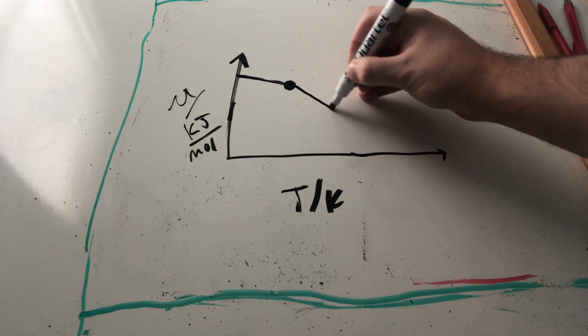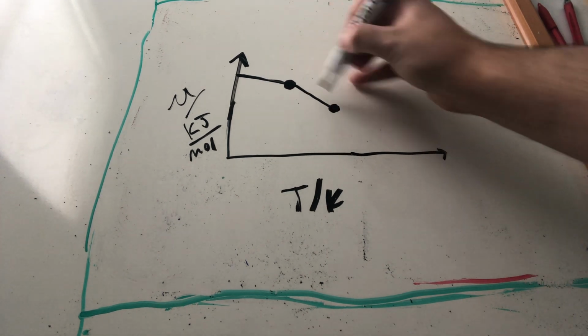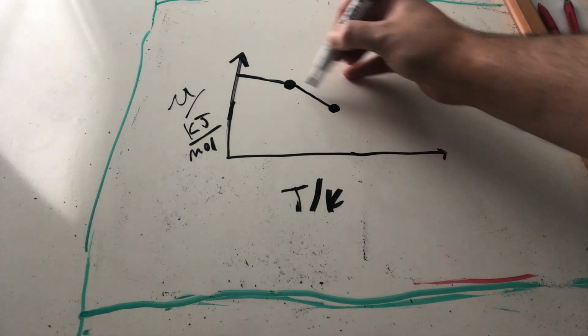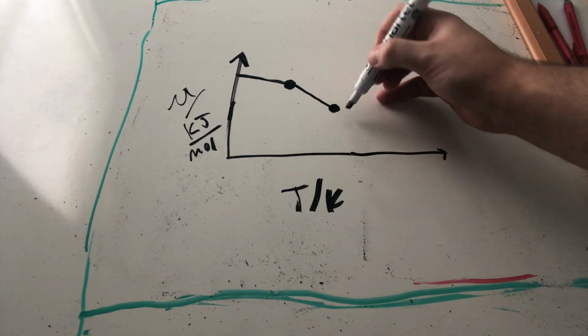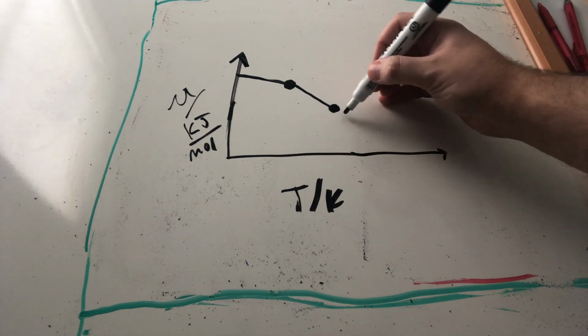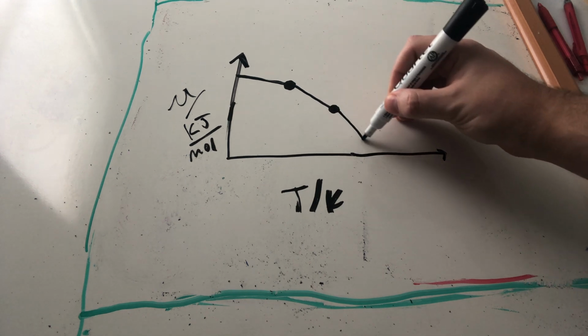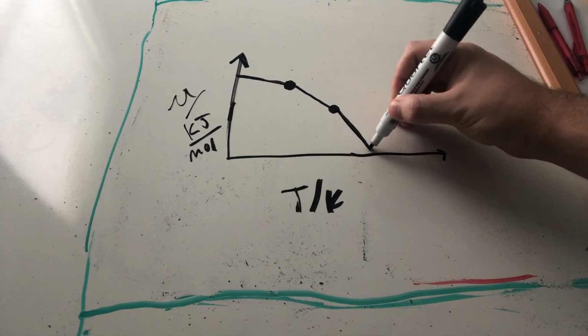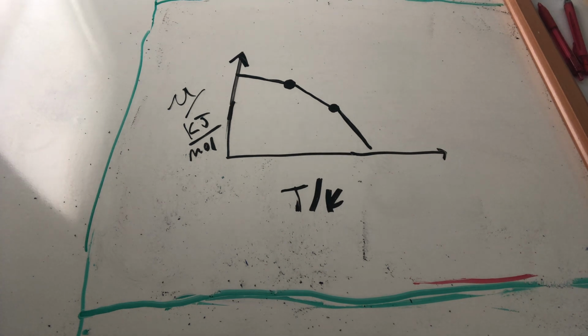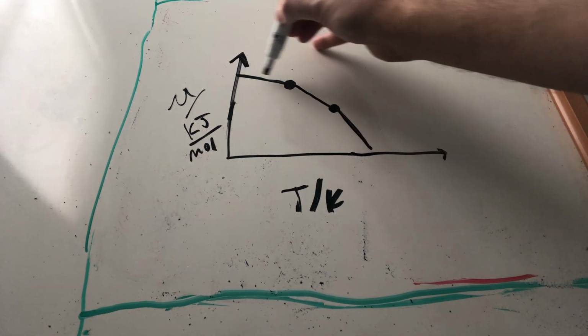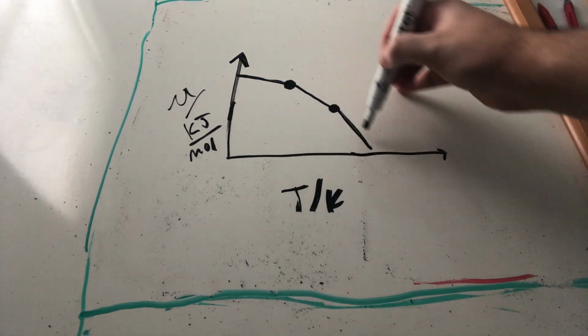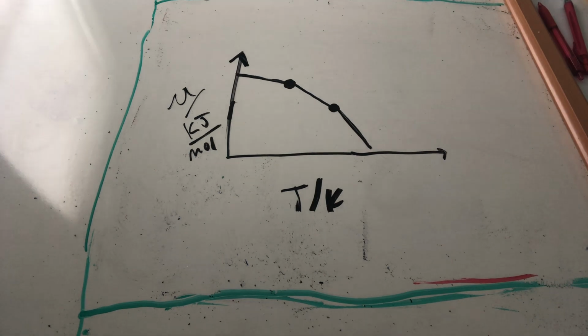But then we see that it changes after the melting point to the boiling point, and the lowest chemical potential is the chemical potential of the liquid. And now after the boiling point, the lowest chemical potential is the chemical potential of the gas. So if you look at the last diagram that we drew, this is just taking the lowest one, right? So this is what the system is actually doing.